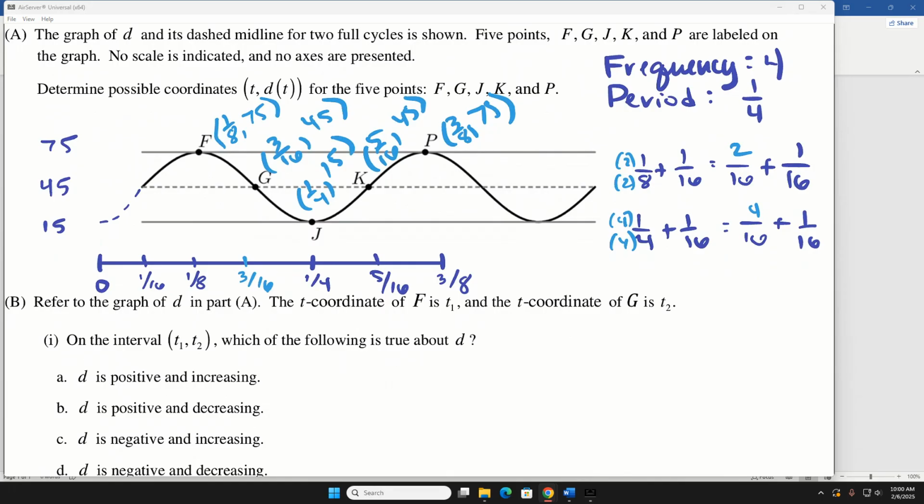And then we are going to just look at one little section from F to G.